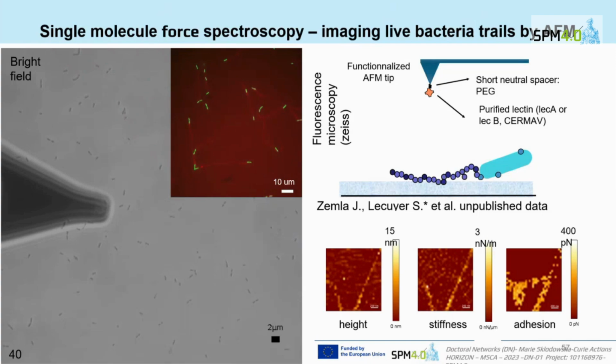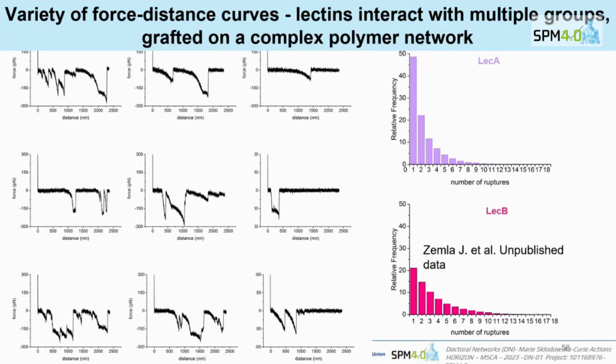So even if the probe was next to the trail, it still could bind proteins, molecules which are on the side of the pyramid. But what is interesting, here you can also get a whole gallery of different types of force curves.